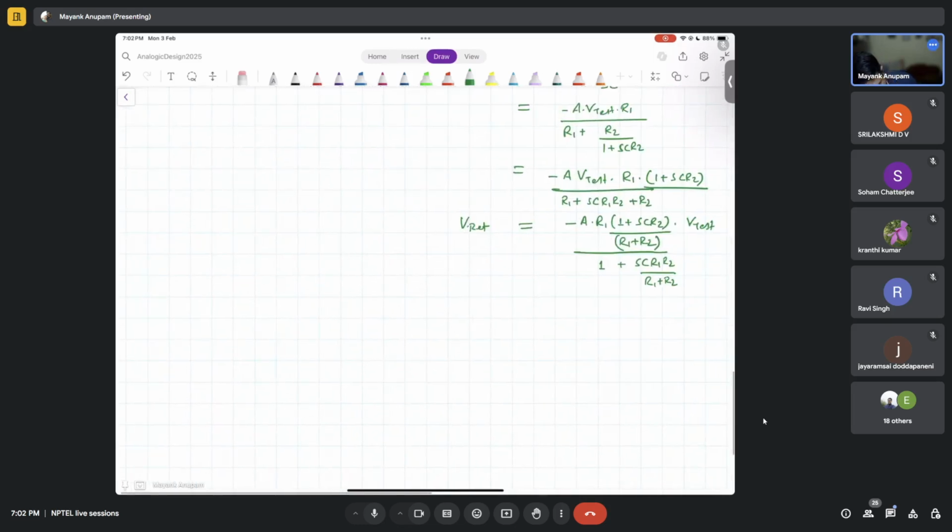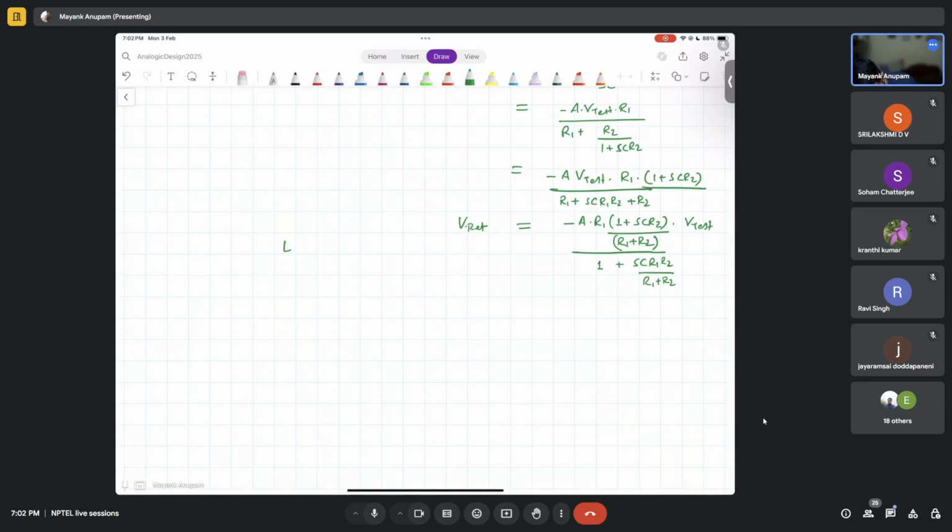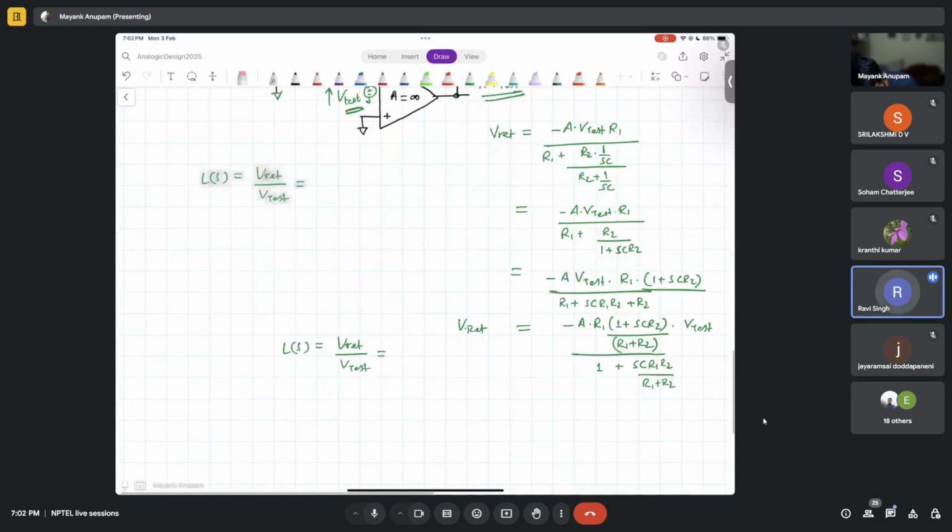This is V return. So what is your L of S? V return by V test. What is that? Let's quickly check.